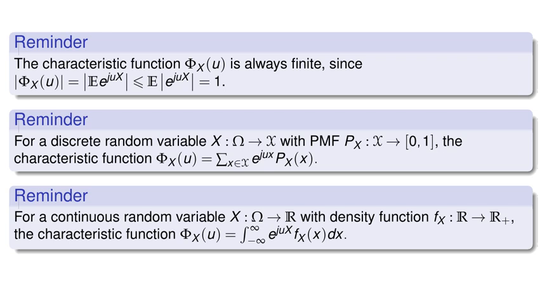And for a continuous random variable x mapping omega to the reals with a probability density function f sub x, the characteristic function phi sub x of u is found by integrating from minus infinity to infinity the term e to the power jux times the density f sub x of x with respect to x.